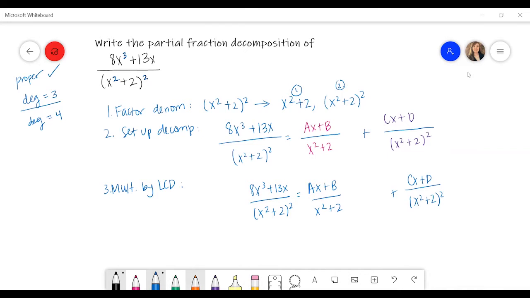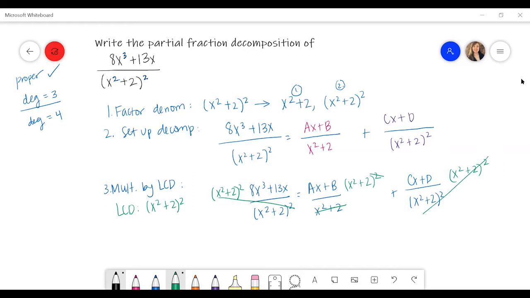So our least common denominator in this case is just the same denominator we've been working with, right? x squared plus 2 squared. So times x squared plus 2 squared, fully cancel. x squared plus 2 squared, one of those cancels. x squared plus 2 squared fully cancels.